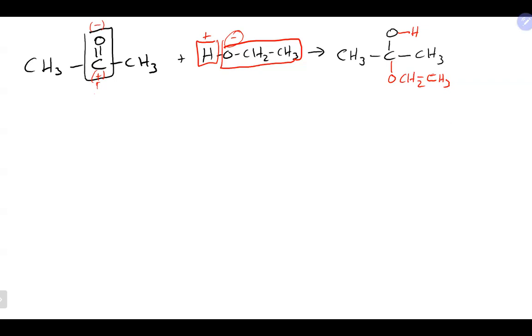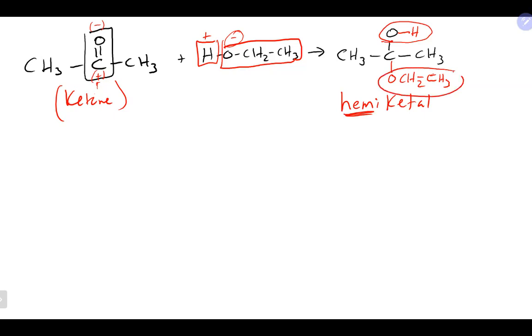This actually has also a special name. This is what is sometimes referred to as a hemiketal. It's a hemiketal because it started with a ketone as opposed to an aldehyde, where the other one's named an acetal. It has really the same functions or same groups as the last one. It has an OH group, which is sort of the hemi part. It has an oxygen carbon group.